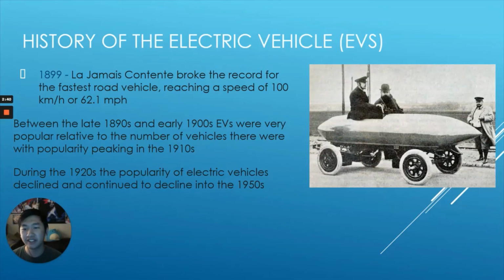Between the late 1890s and early 1900s, EVs were very popular relative to the number of vehicles there were, with popularity peaking in the 1910s. During the 1920s, though, their popularity started to decline, a trend that continued till the 1950s.